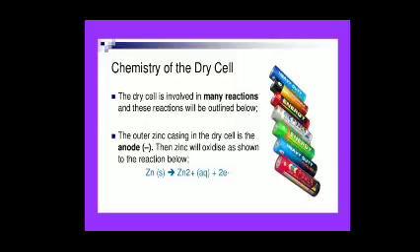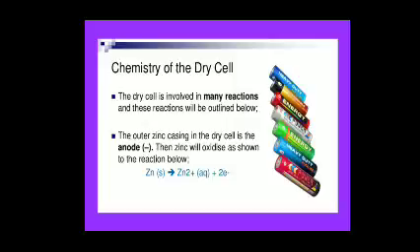It shows as the negative terminal. The zinc will oxidize as shown in the reaction below. Zn in solid state converts to Zn2+ aqueous plus 2 electrons. This is the first reaction involved in the dry cell.